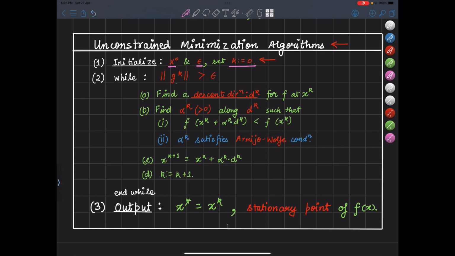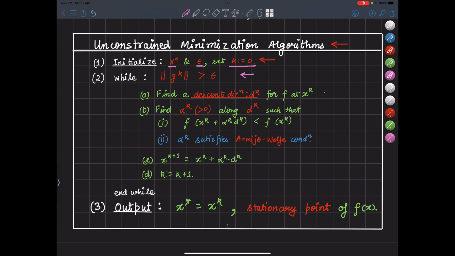Then we start the loop and we decide the stopping condition where the norm of the gradient is greater than a small value epsilon. So when the norm of the gradient becomes very small, we stop this loop.